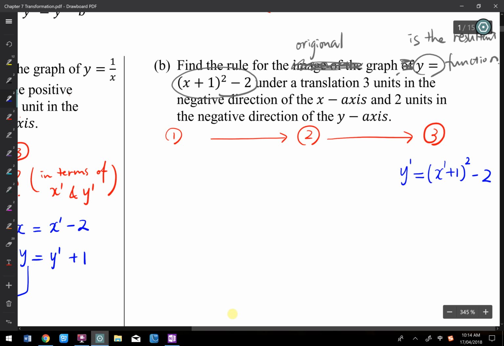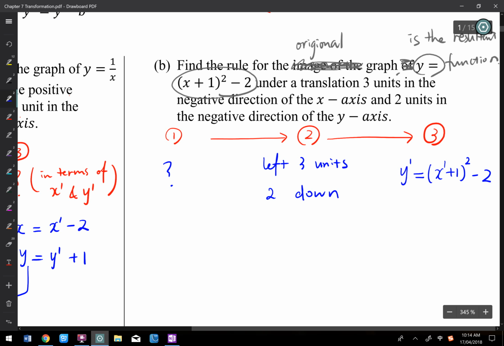What I also know is that it is under a translation of 3 units in the negative direction of the x-axis, so left 3 units, and 2 units in the negative direction of the y-axis, which is 2 down.